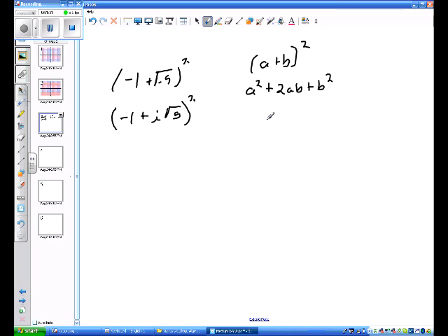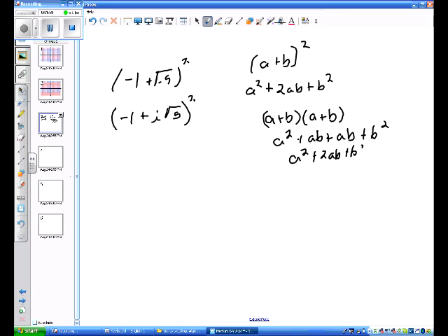Some of you may have learned to just write out what we mean by squaring, multiplying it by itself, and then using your distributive property, that would be a squared plus ab plus ab plus b squared, which gives us a squared plus 2ab plus b squared.